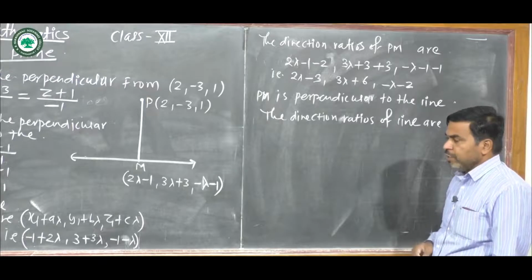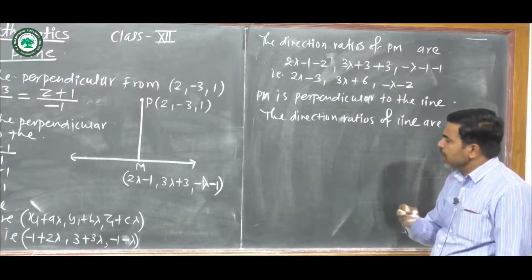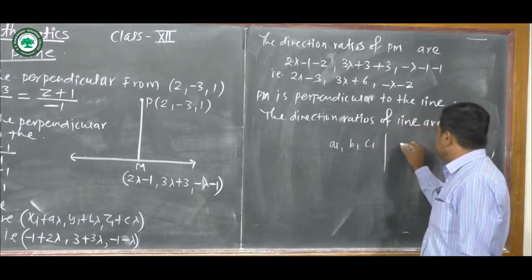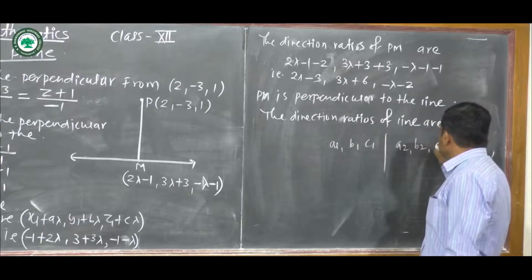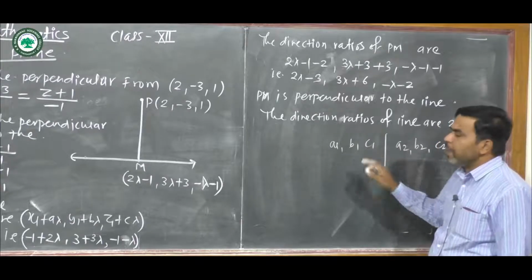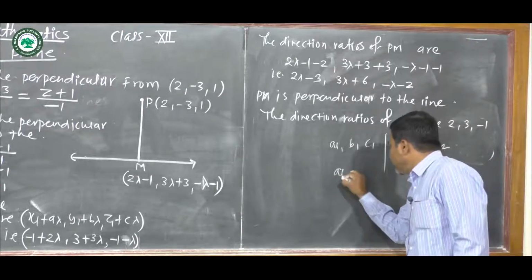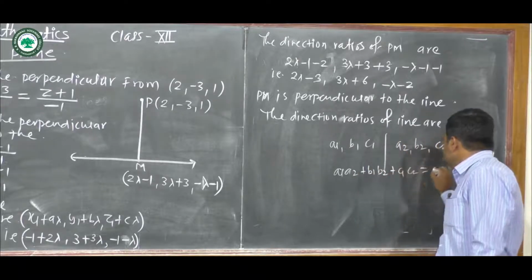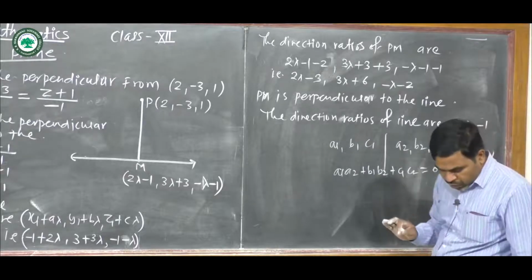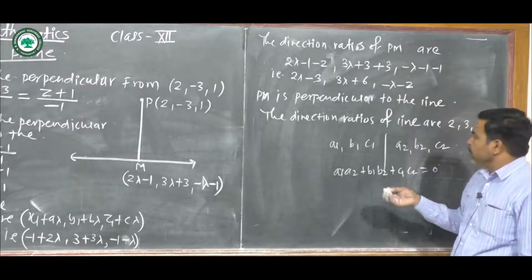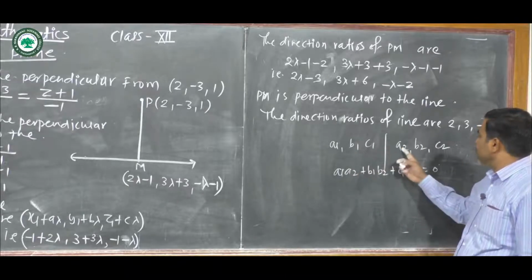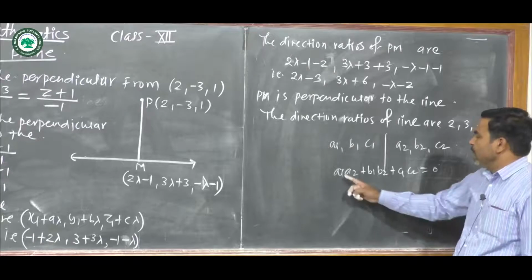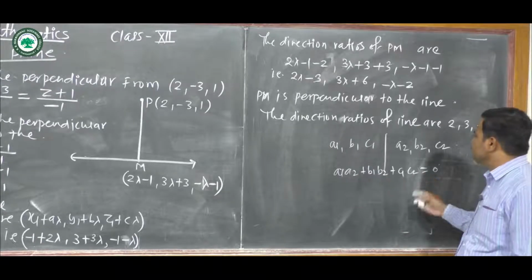We know that if two lines are perpendicular to each other and if one has direction ratios A1, B1, C1 and another line has direction ratios A2, B2, C2, then we have A1 A2 plus B1 B2 plus C1 C2 is equal to 0.